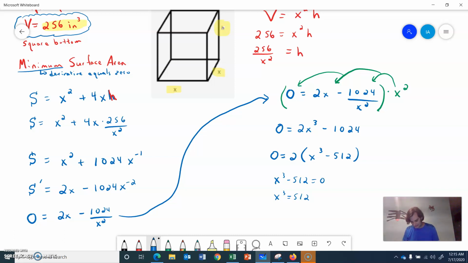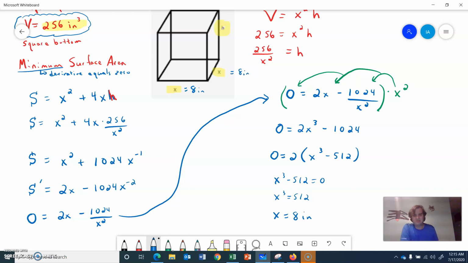Yes, it is 8. And in our case, that would represent 8 inches. So that cube root of 512 would be 8. So what we're looking at is the base is 8 inches by 8 inches.